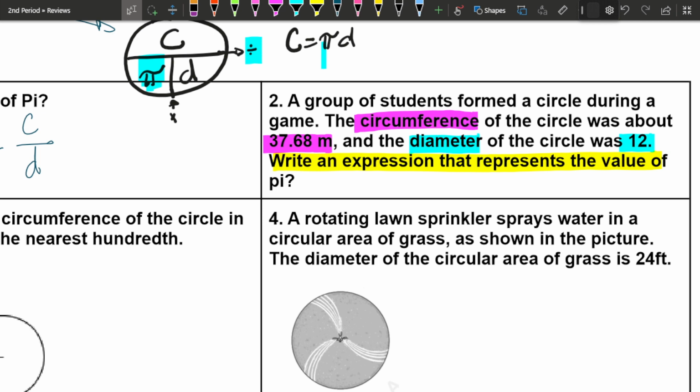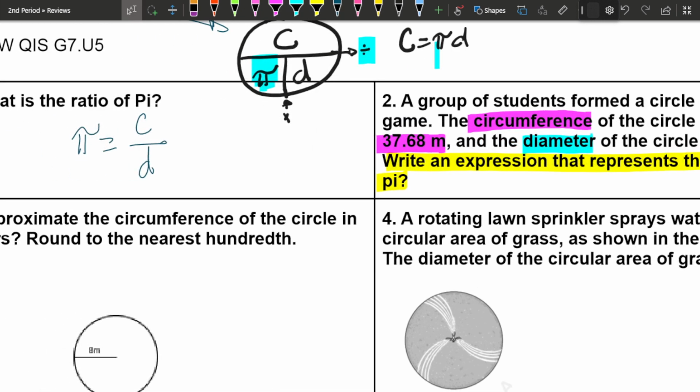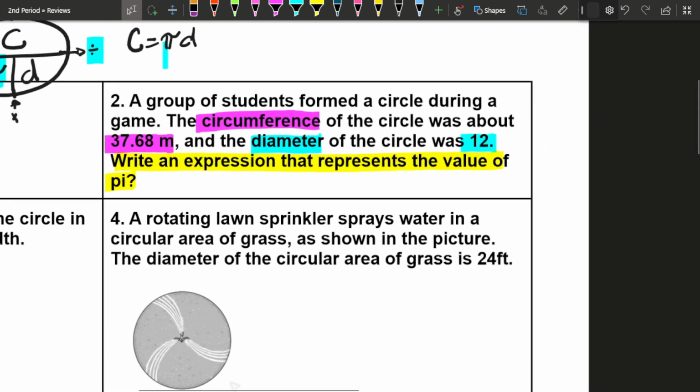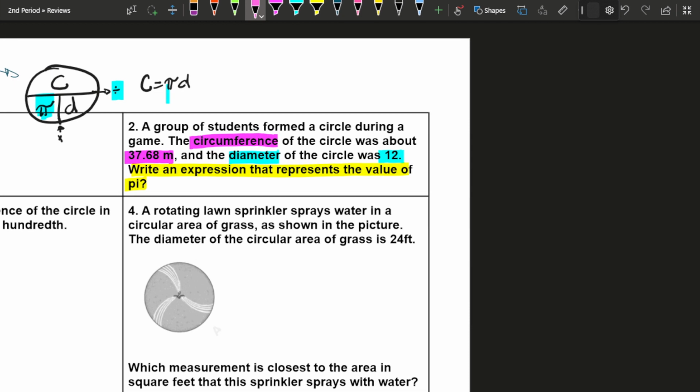If I look at the circle anchor chart that we just did on question number 1, we have the formula, and we also have it on question number 1 because we have already answered it. Question 1 says pi equals circumference divided by diameter. So we're going to use the same formula, but we're going to write down some information first.